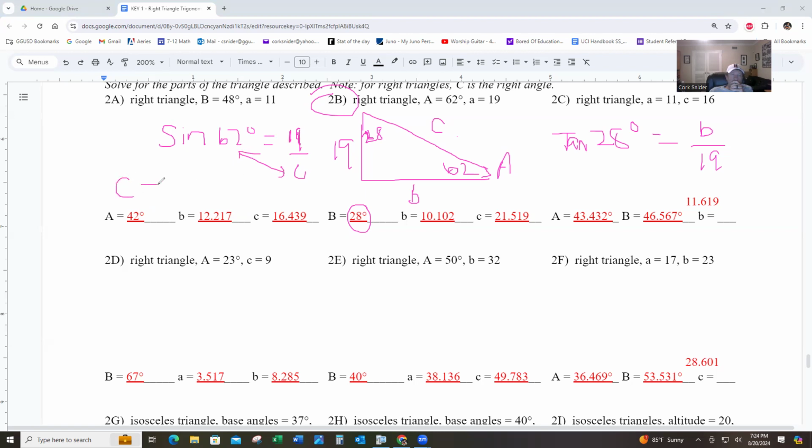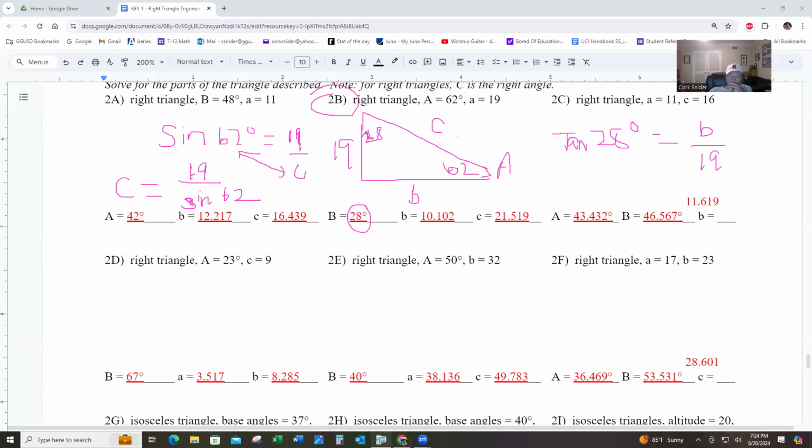So C is going to equal 19 divided by the sine of 62, because you can always switch them diagonally.